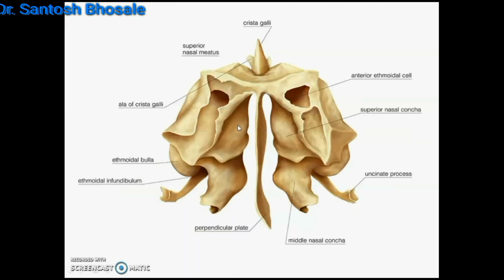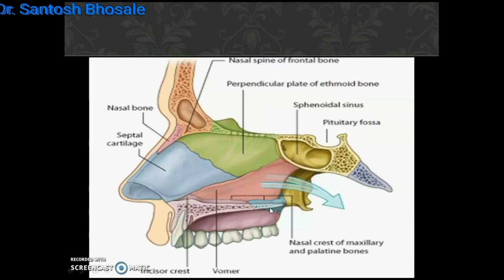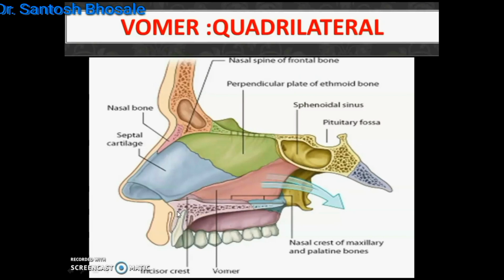So the ethmoid bone forms the majority of the boundary of the nasal cavity. It forms the medial wall, lateral wall, and roof. You can see the 2 concha there with the ethmoidal sinuses. And next, coming to the vomer bone, it is roughly quadrilateral. Anteriorly it is related to the perpendicular plate of ethmoid above and septal cartilage below, and below it is related to the maxilla and palatine bone.